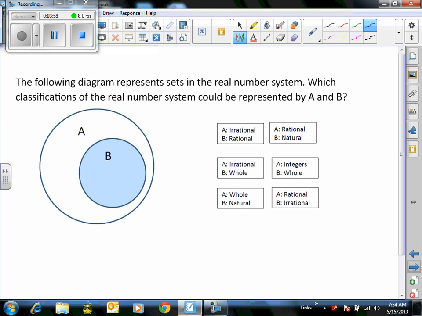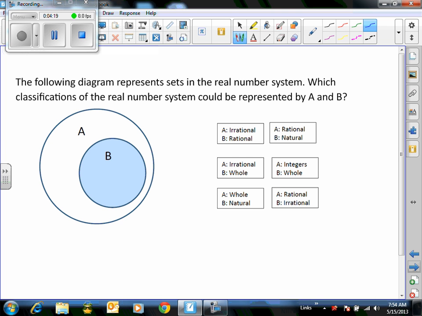Finally, the following diagram represents sets in the real number system. Which classifications of the real number system could be represented by A and B? So there could be more than one answer here. And remember, you have to get them all right or it's going to be all wrong.